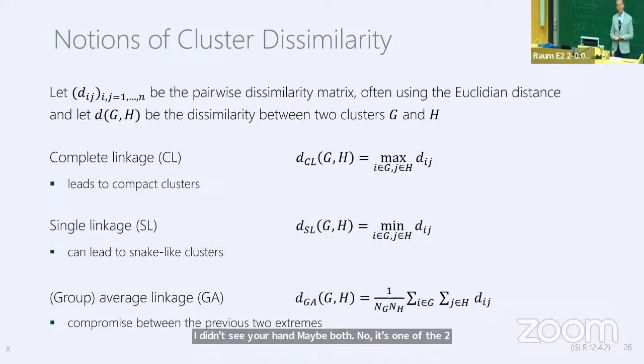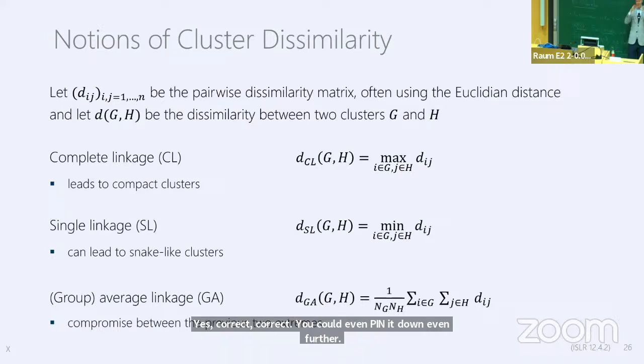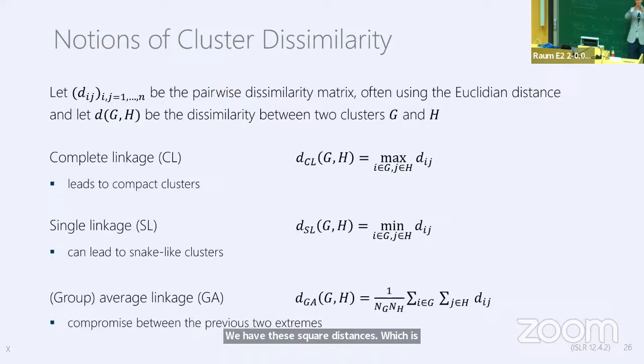Why blobs? We're trying to find the closest point to the centroid. Yes, correct. You could even pin it down further. We have these squared distances, which is essentially the poor person's approximation to a Gaussian. So k-means really loves finding blobs, respectively Gaussian-shaped clusters.